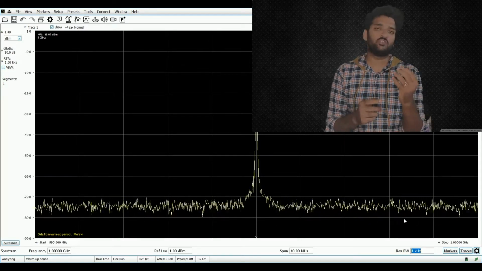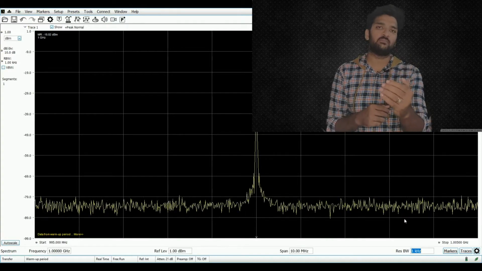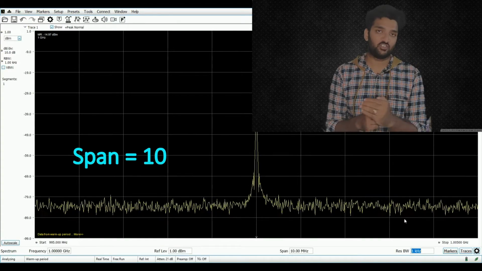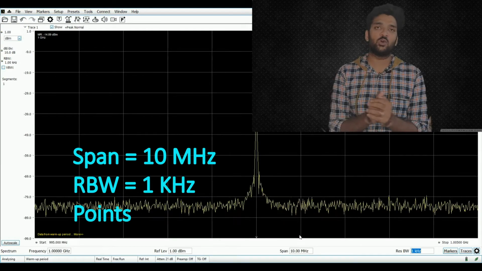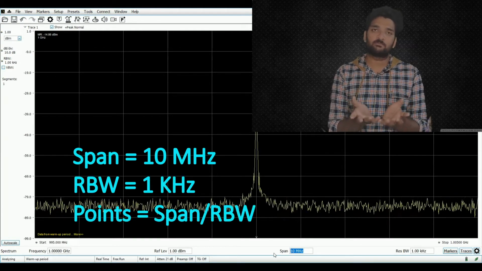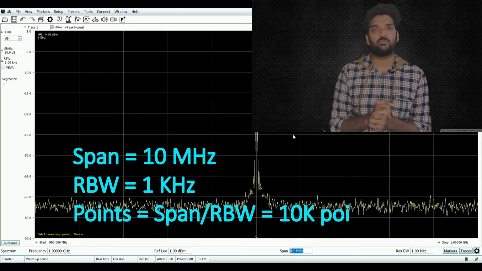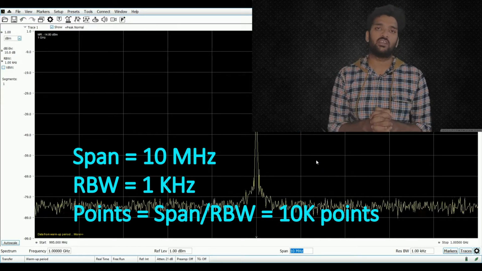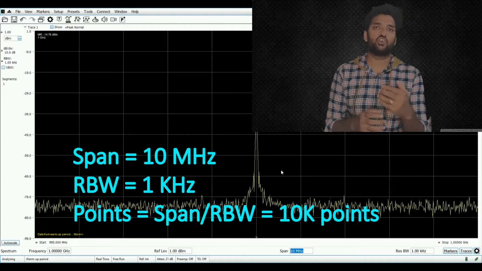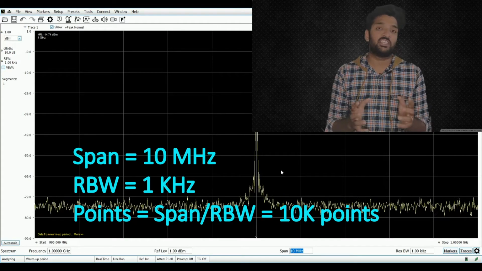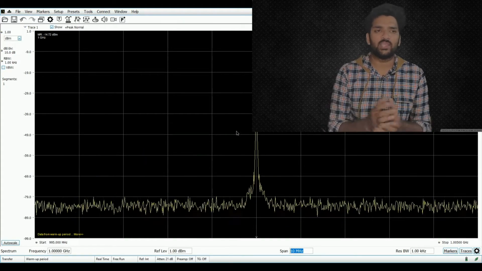So how many points would there be? It will be 10 megahertz span by resolution bandwidth, which is 10 meg by 1 kilo, which is 10 kilo points. Ten kilo points is not that huge, but we are setting the spectrum analyzer in a very basic way.